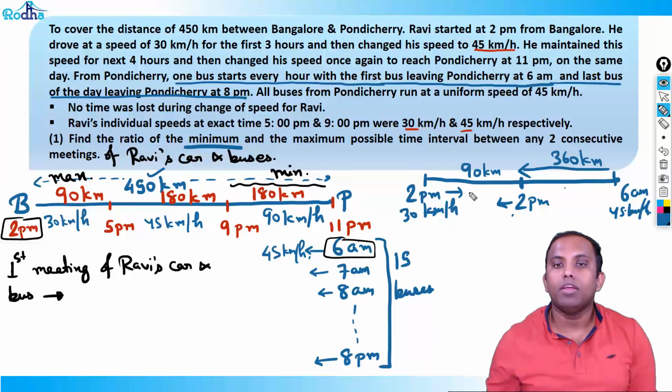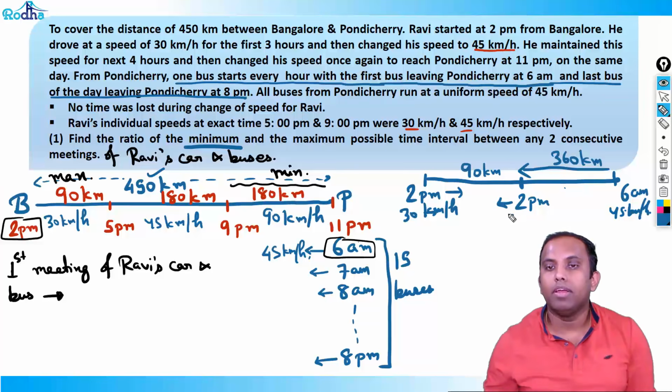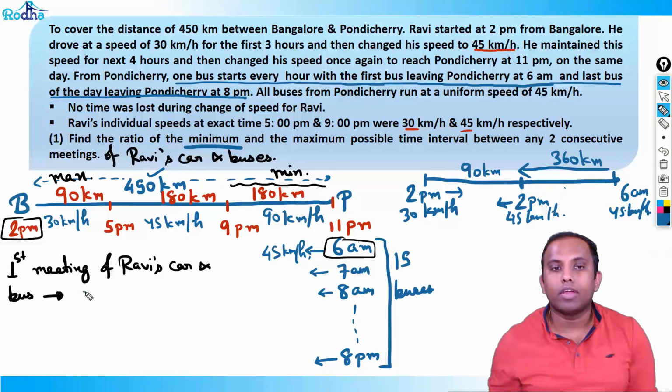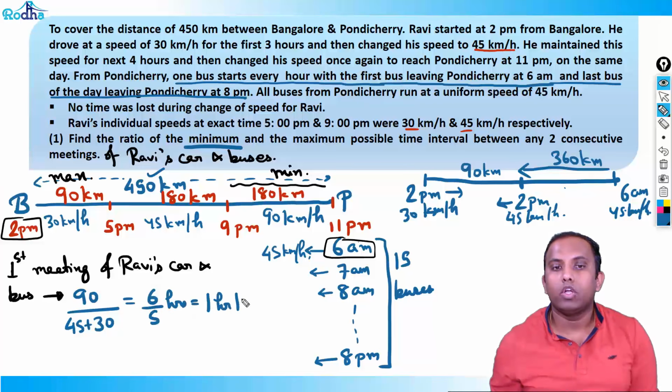What is the time taken? The bus is coming at me at 45 speed, so the time taken will be 90 by 45 plus 30. Time is distance by speed, so it is 6 by 5 hours, that is 1 hour and 12 minutes.